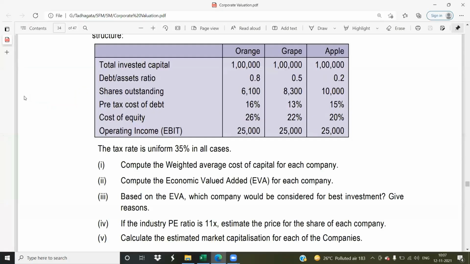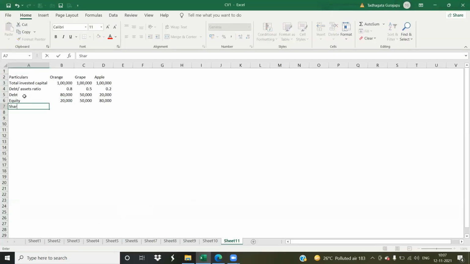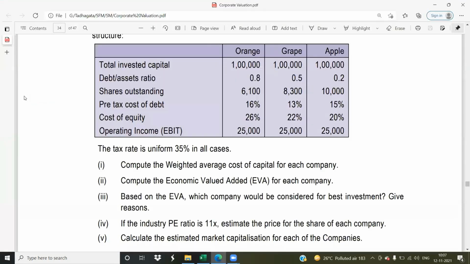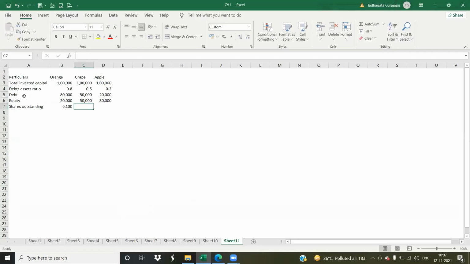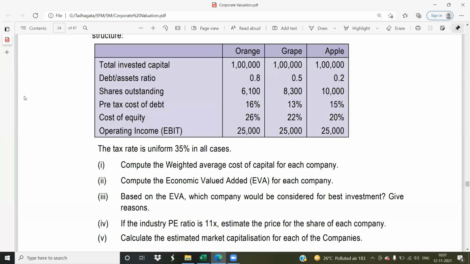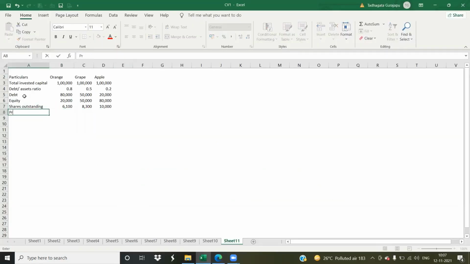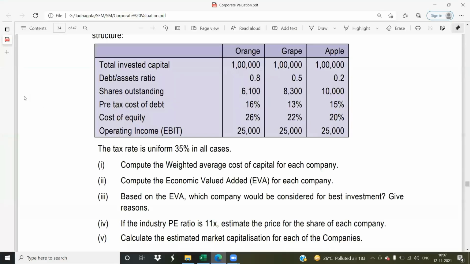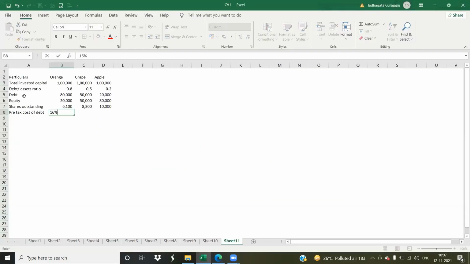Right. Next, what information is given? Shares outstanding: 6,100, 8,300, 10,000. Pre-tax cost of debt: 16%, 13%, 15%. This should be in percentages.